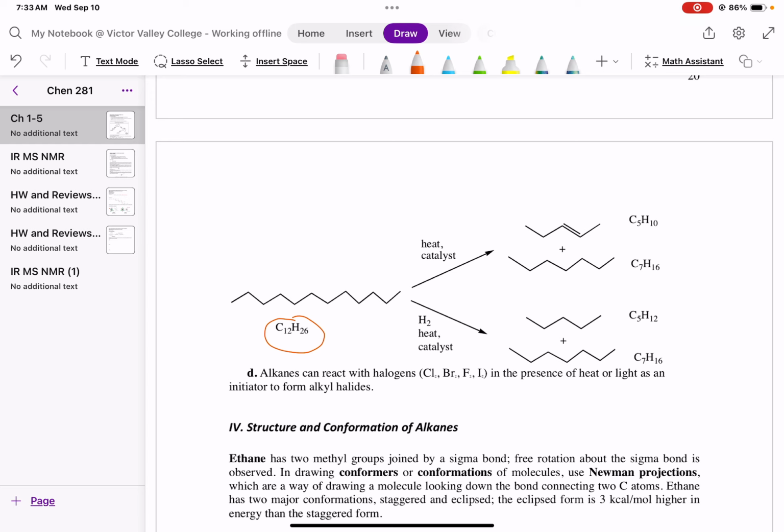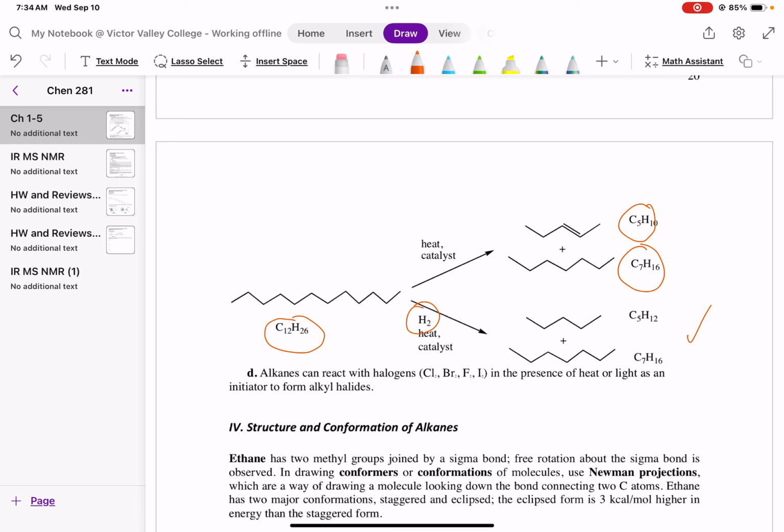You heat it, and with a catalyst, it will break apart into a 5 and a 7 carbon hydrocarbon. Because we don't have enough hydrogen, this one has to have a double bond. And if you add 1 mole of hydrogen per mole of alkane, you can get both alkanes if you want.